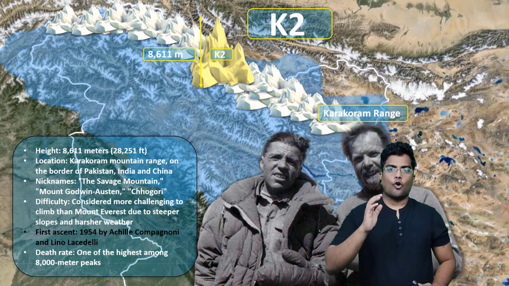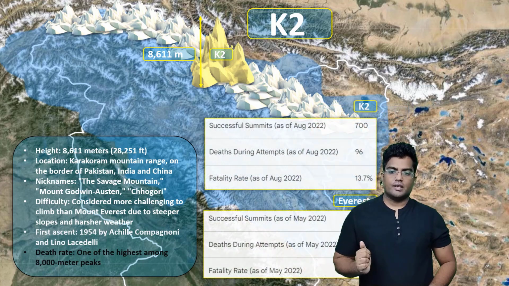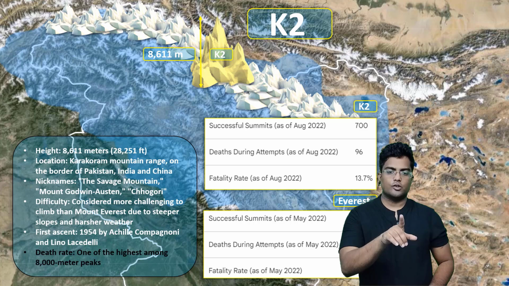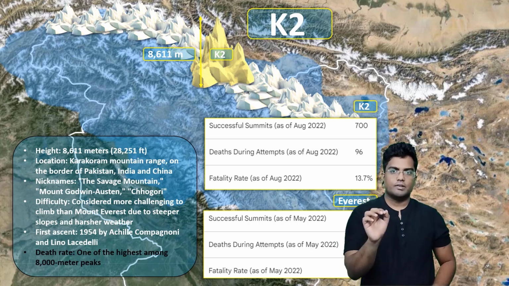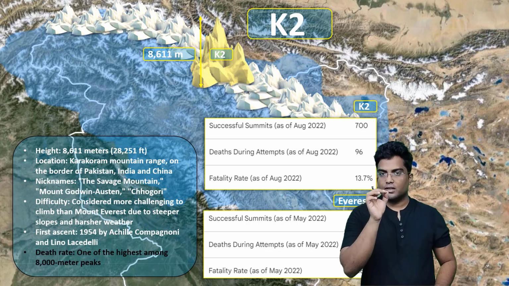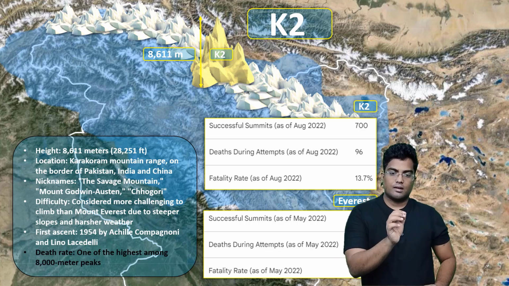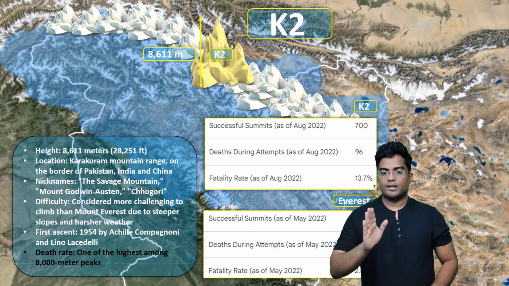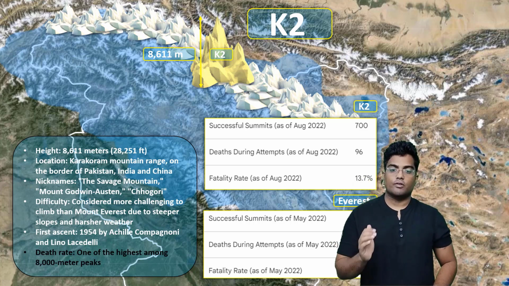Now, let's talk about how difficult this is to climb, okay? As you can see, this is the comparison of K2 and Mount Everest. Out of 700 people who tried to scale K2, 96 people died. In case of Everest, 11,341 people tried to scale Mount Everest.